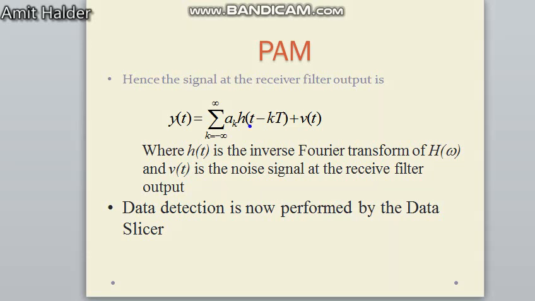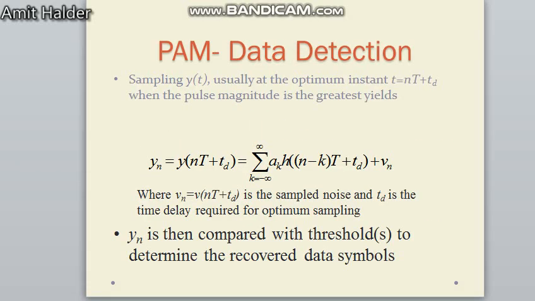If you use optimum instant sampling, you just replace t with the number of samples times the period, and Td is the slight change in the time domain, the phase change. So you can easily get the value: n minus kT plus Td, plus v(n). Here v(n) is v(nT plus Td), which is the sampled noise.